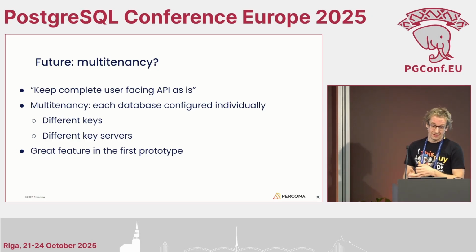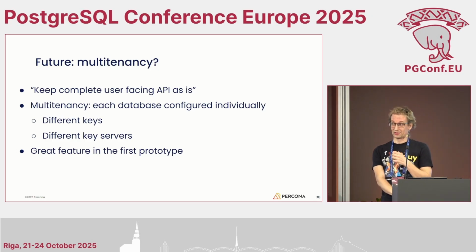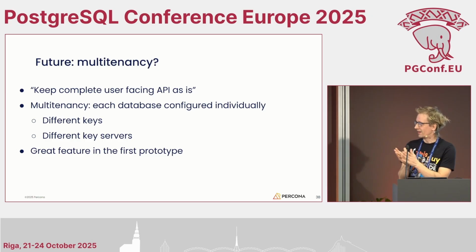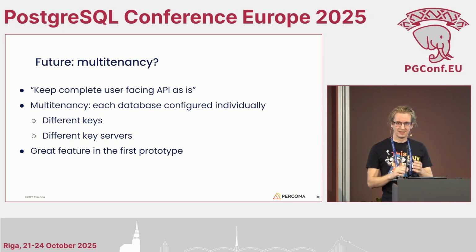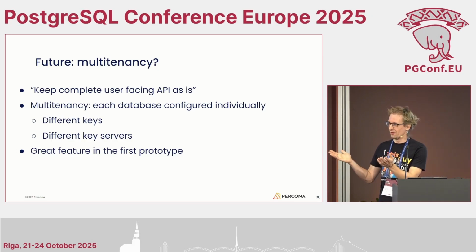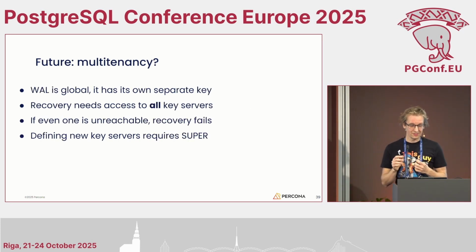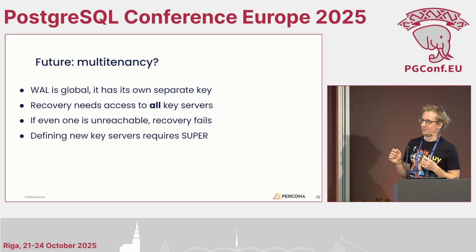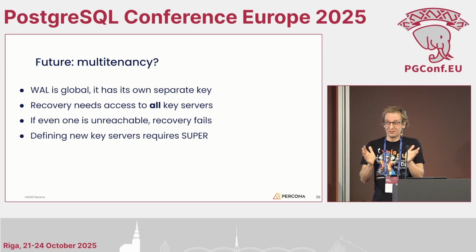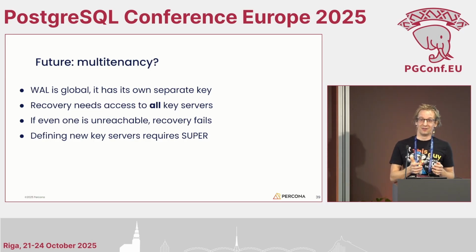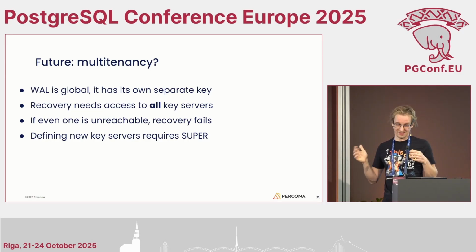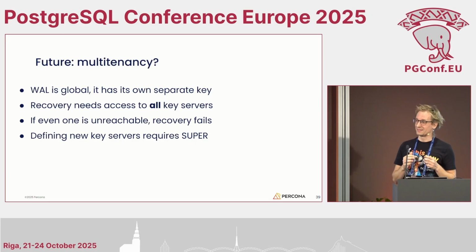This was a great feature in the first prototype, and we kept it because, one, it's a great feature, and two, we kept the user-facing API as it was originally, and it had this feature in it. The problem is that now WAL is global. We encrypt the entire WAL file, and a single WAL page can contain data from multiple databases. So it's not really multi-tenant.